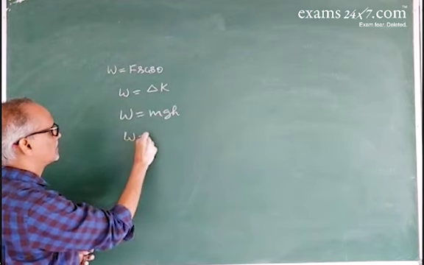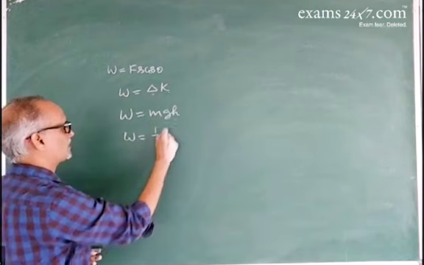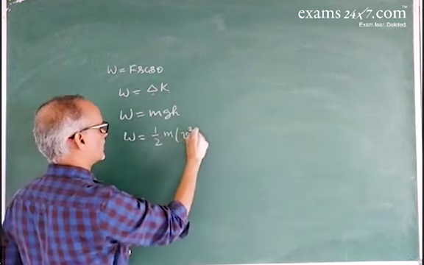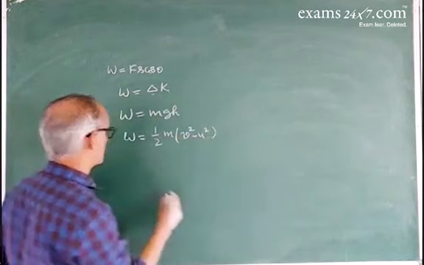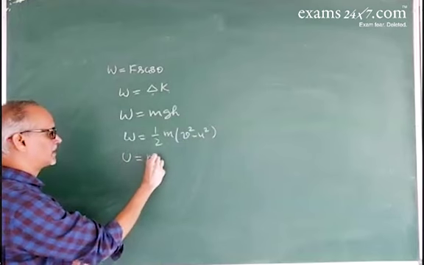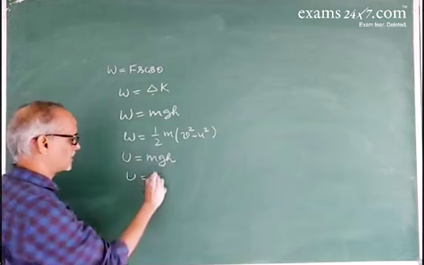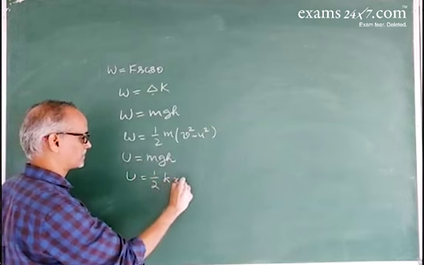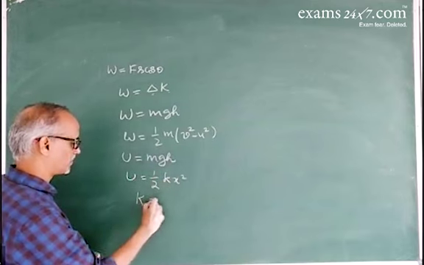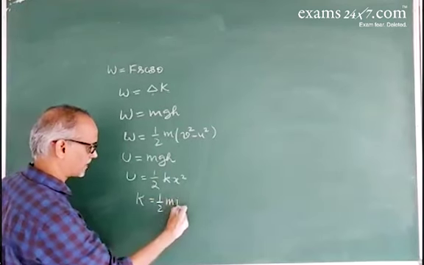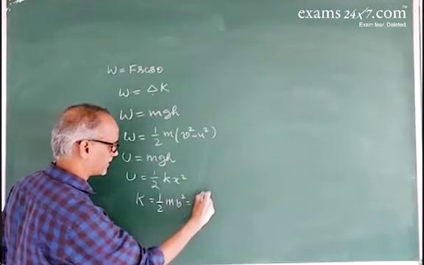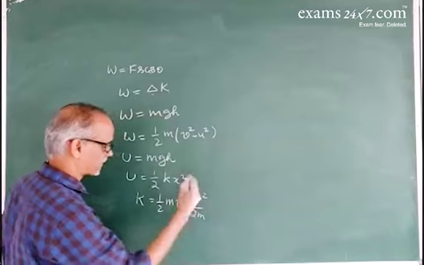Work done is equal to the change in kinetic energy, which is half m into v square minus u square. Formula for the potential energy, U is equal to mgh. Potential energy stored in a spring, half kx square. And the kinetic energy of a body, half mv square, in terms of momentum, p square by 2m.